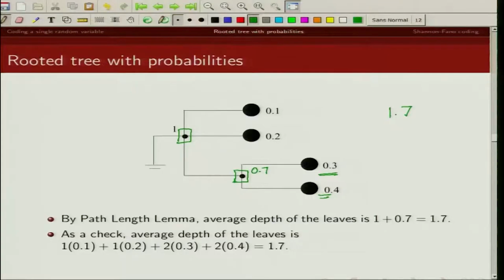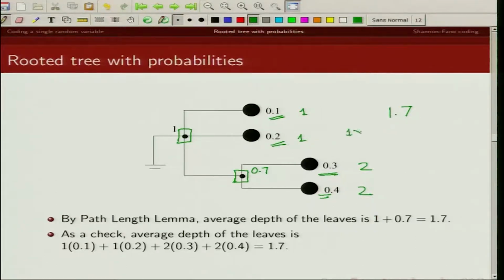Now what does the path length lemma say? The path length lemma says that this is the average depth of the leaves. And where are the leaves? There are 2 leaves at depth 1, and there are 2 leaves at depth 2. Now what is the average depth of the leaves?